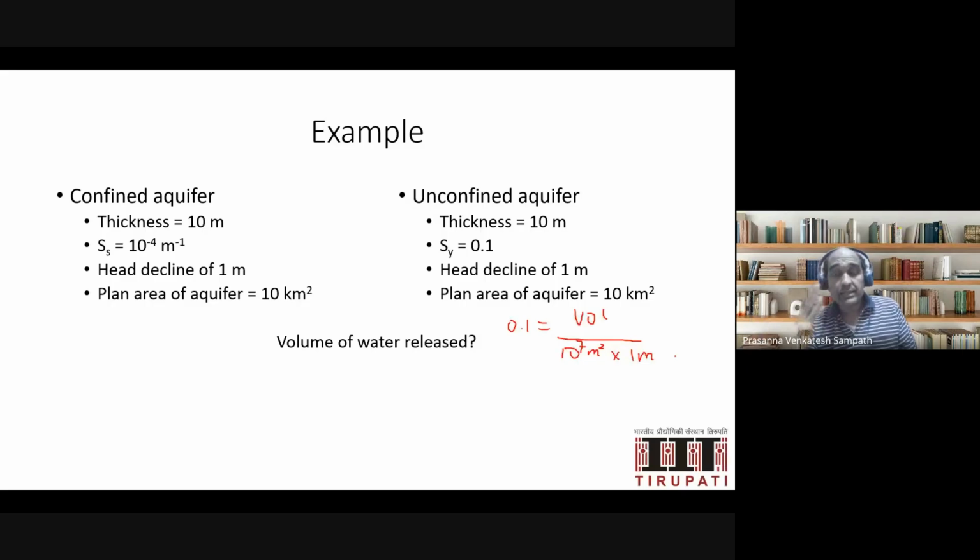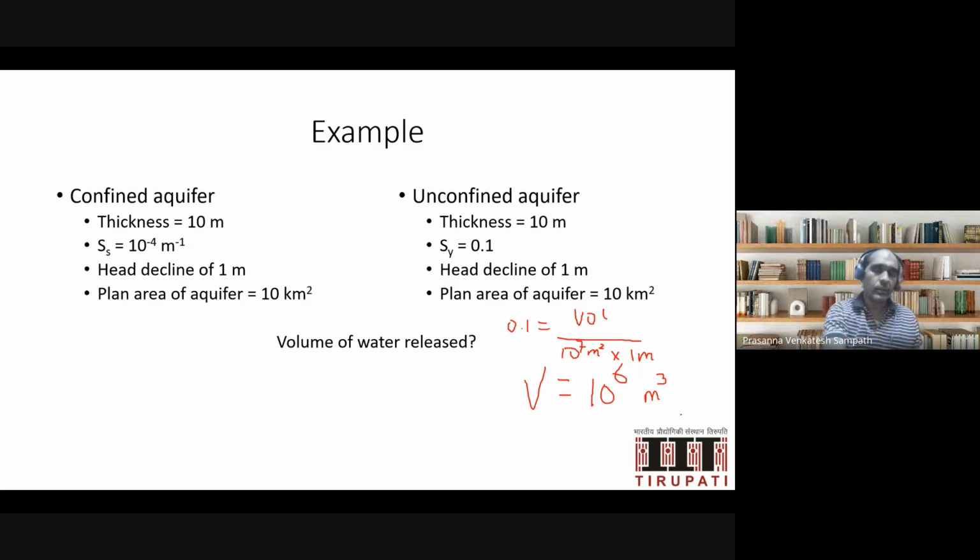This is 10 power 7 meter cube multiplied by 0.1. So the volume V is 10 to the power 6 meter cube. So in the case of the unconfined aquifer, it is going to release 1 million cubic meters of water.